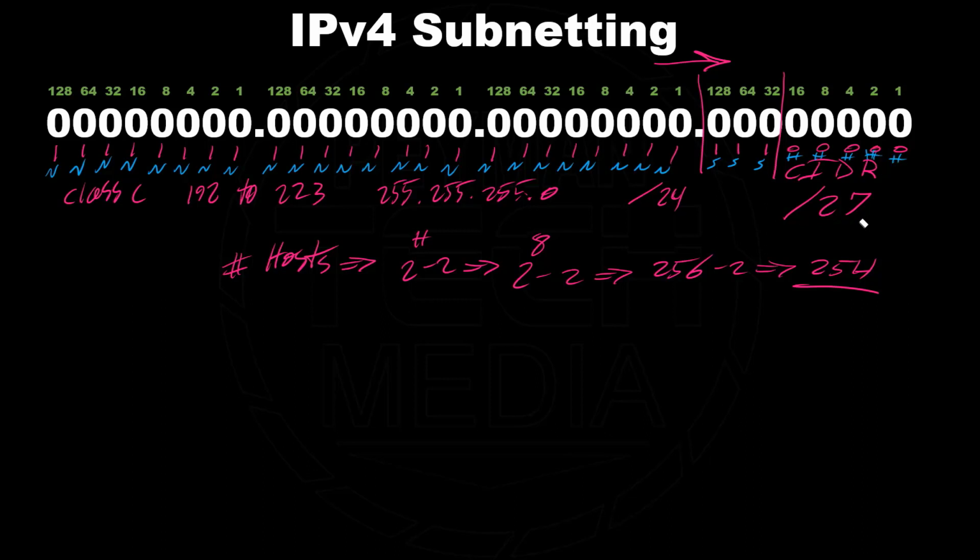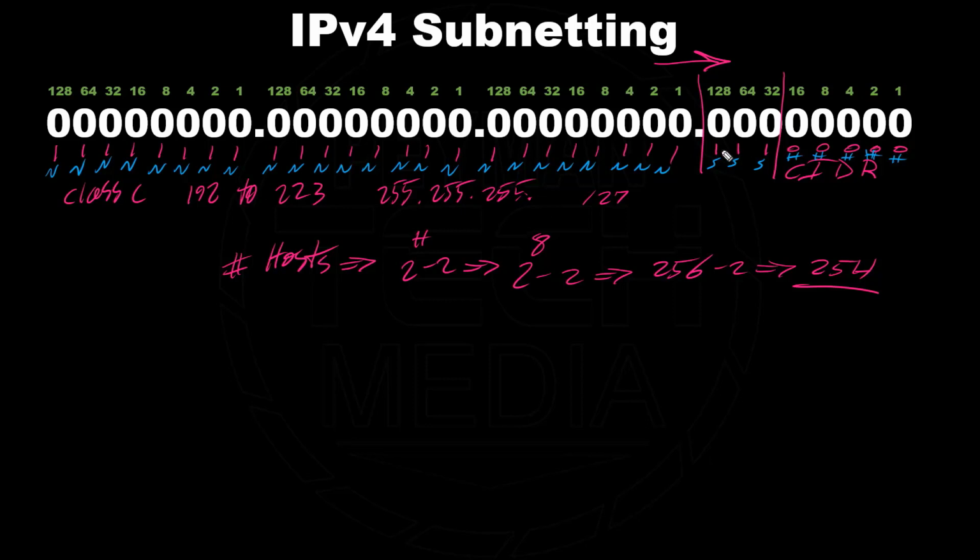So this /27 will give us a different value. Let's write down our /27 here. For the subnet mask, the first octet has all 8 bits turned on, so that's 255. The second octet, all 8 bits turned on, 255. The third octet, all 8 bits turned on, 255.